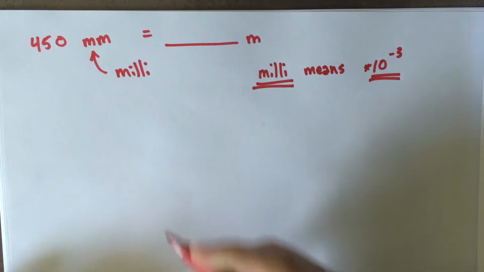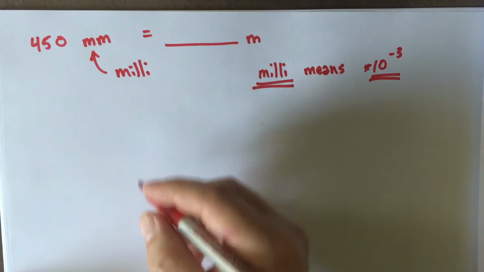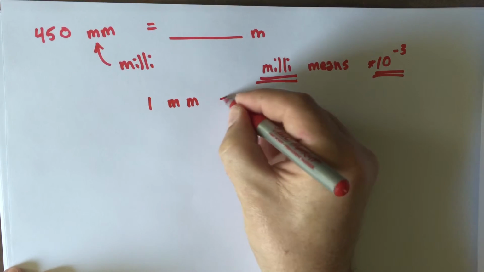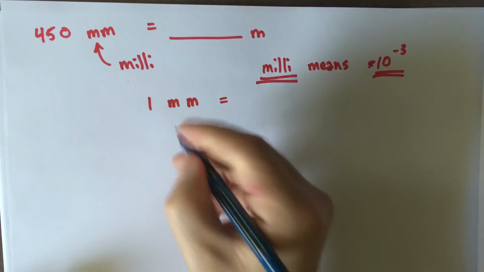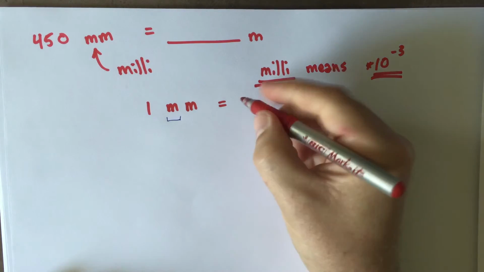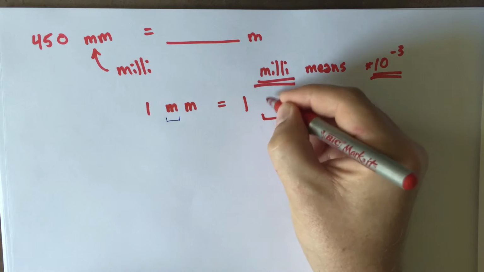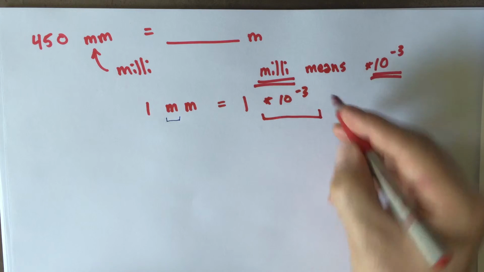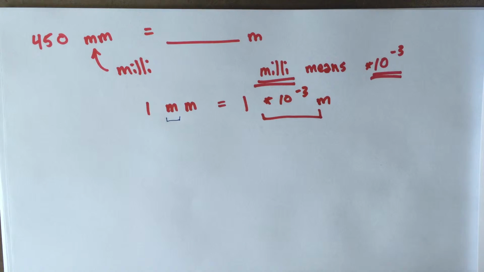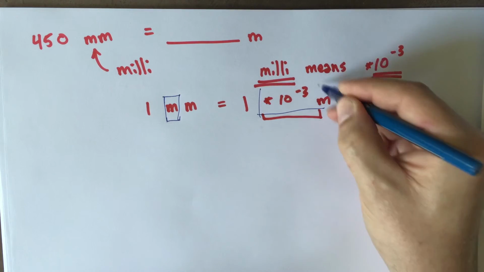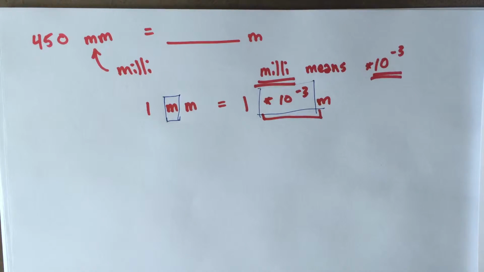So if we wanted to write an equality here, I could say that 1 millimeter is equal to, I can literally take this milli right here and replace it with times 10 to the negative 3, and write out 1 times 10 to the negative 3 meters. You see that? So this milli right here can just be replaced by this statement here, times 10 to the negative 3. All right, we're going to use this in our solution.